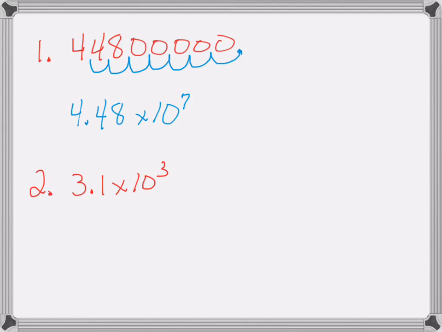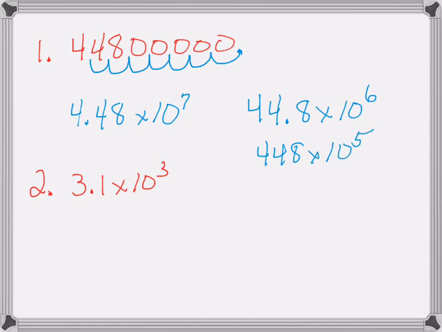You could also have moved it over just 6 spots. If you moved it over 6 spots only, you would have gotten 44.8 times 10 to the 6th. So that would be fine as well. If I moved it over 5 spots, it would be 448 times 10 to the 5th.